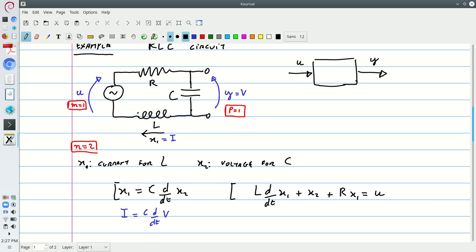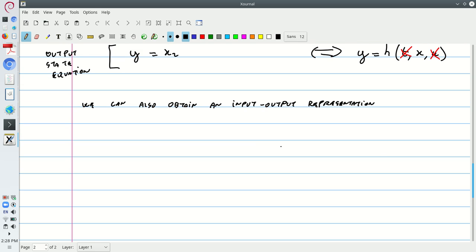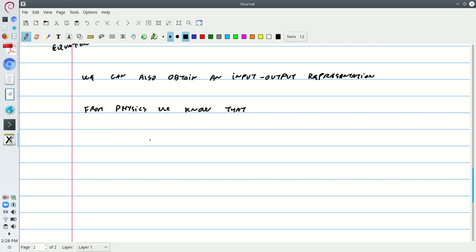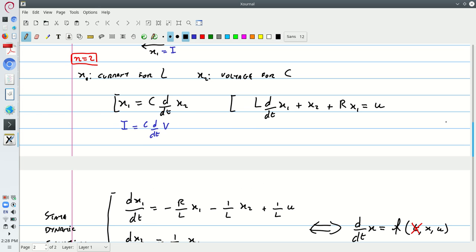So we are just writing them right away. So from physics, we know that if our C is given by this voltage V, we know that I is equal to C times the derivative with respect to time of V. So we write that I is going to be C times the time derivative of V. And then we write the other equation that we had here.